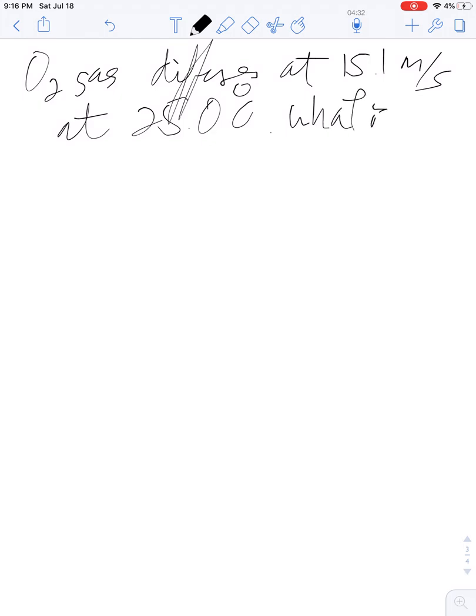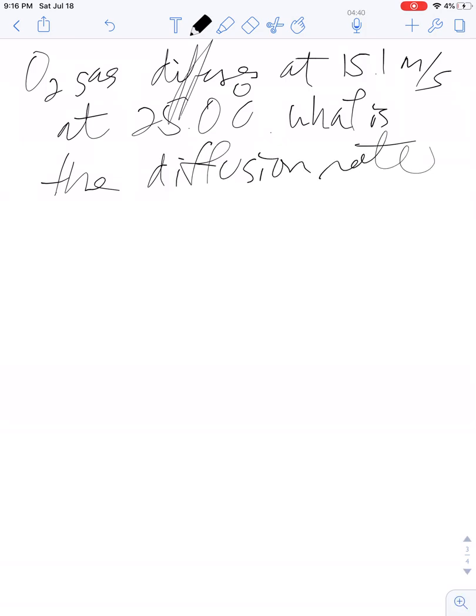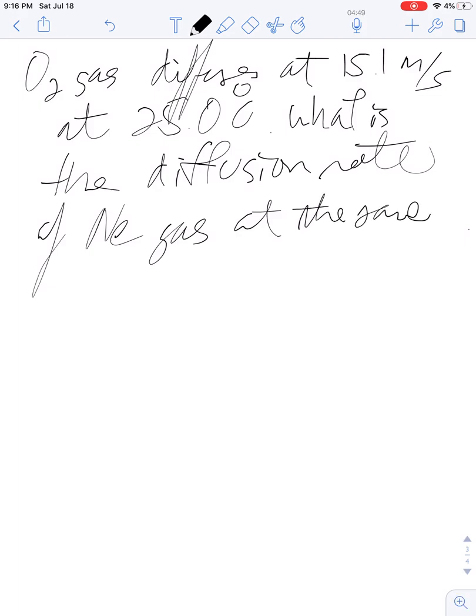What is the diffusion rate of neon gas at the same temperature? Okay, so it doesn't matter who you call gas 1 and who you call gas 2.